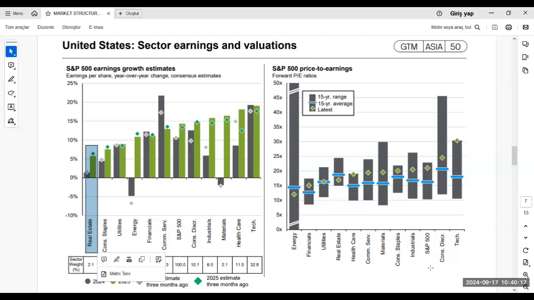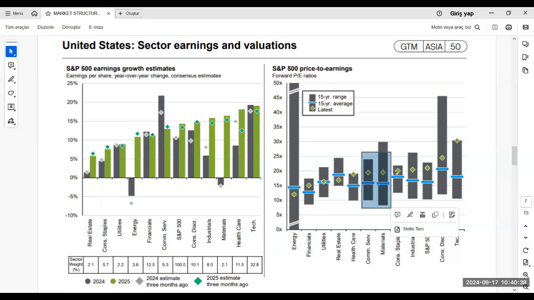Okay. And here, as you see, the price to book ratio in the different sectors. Please look at the price to book ratio. If the price to book ratio is higher, it means that sector is expensive, that company is expensive. Or if the price to earnings ratio is higher than its average, again, it is expensive. Look at this: expensive, expensive, expensive, expensive, expensive.